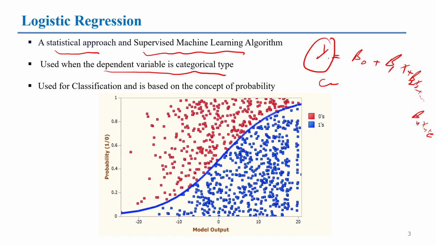But if our dependent variable is not continuous and is categorical, it could be a binary form, which is 0, 1, or yes, no. Or it could be a multiple nominal form, like saying the person is married, not married, or divorced. So we may have the multinomial form, or we may have the dependent variable in an ordinal form.